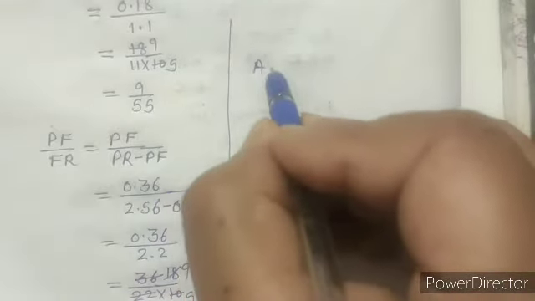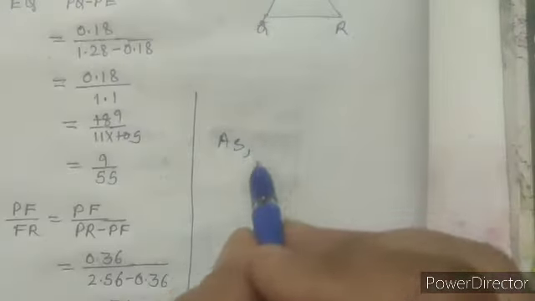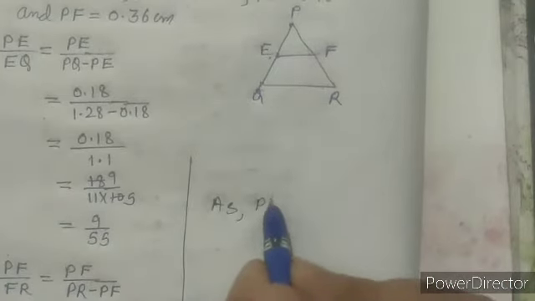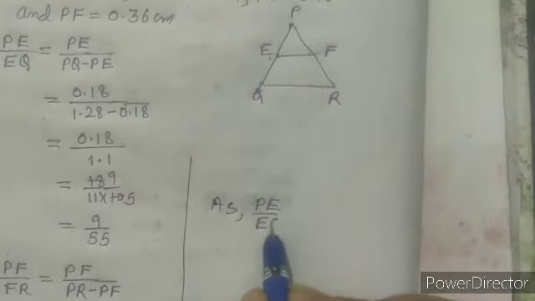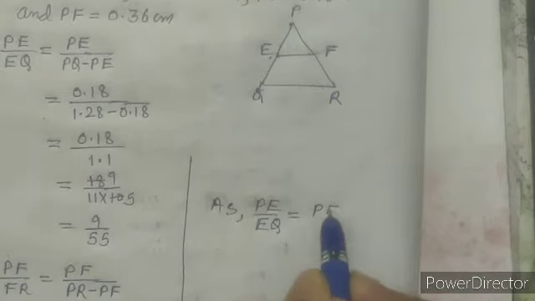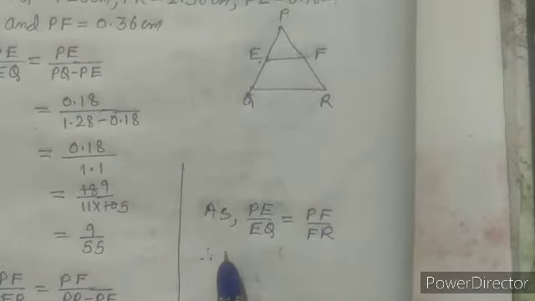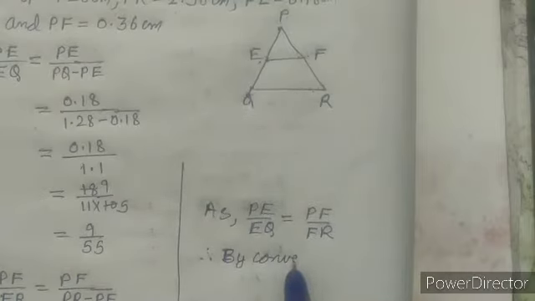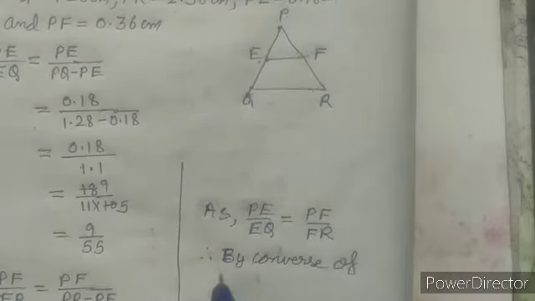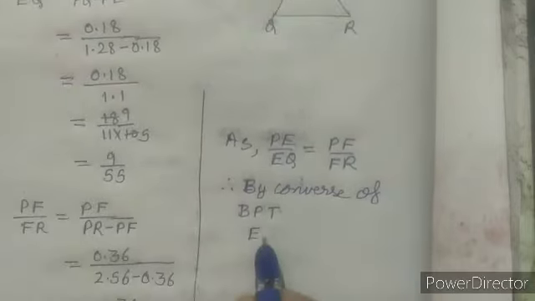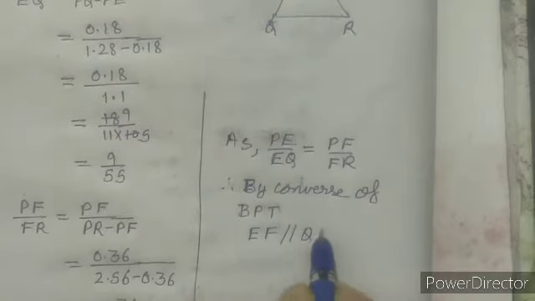Now as this ratio PE upon EQ is equal to PF upon FR, that was 9 by 55, so we can say by converse of BPT that EF is parallel to QR.